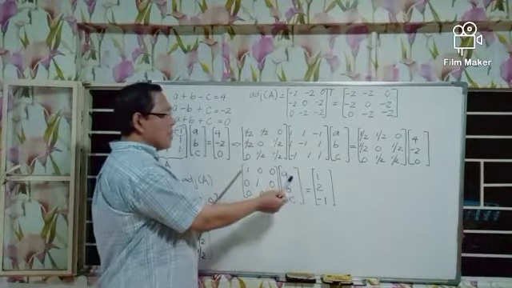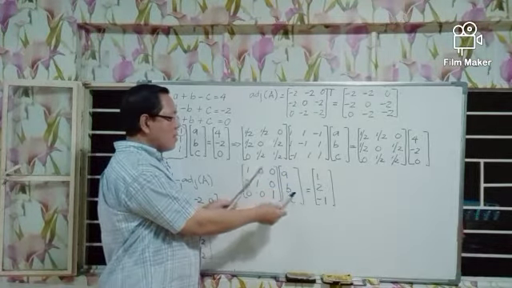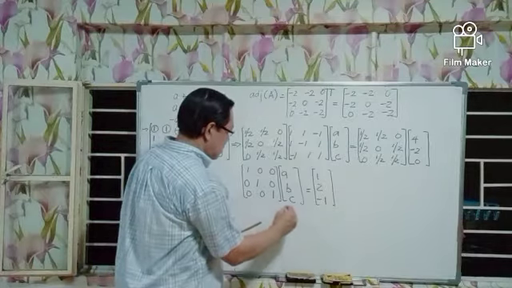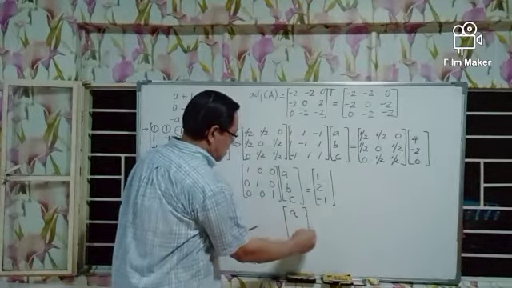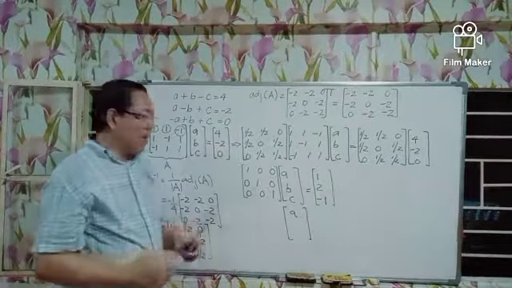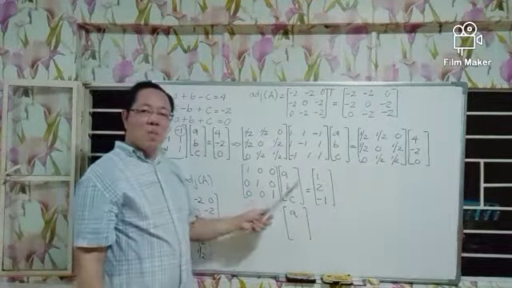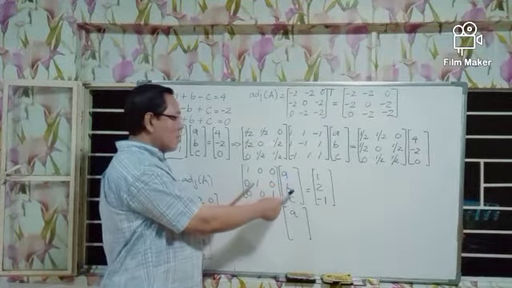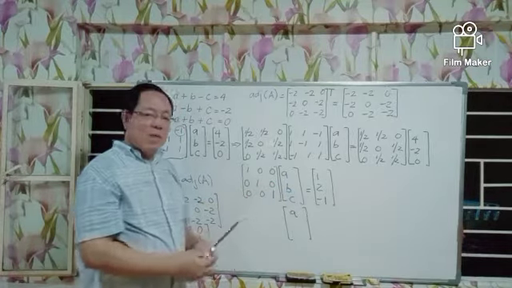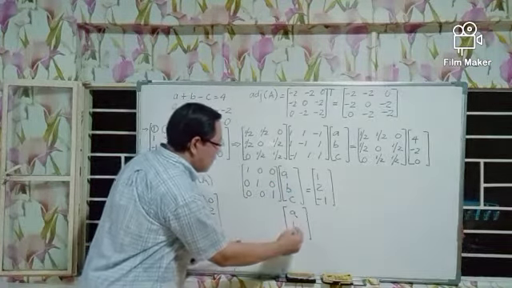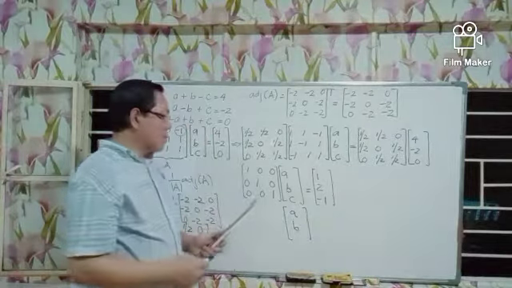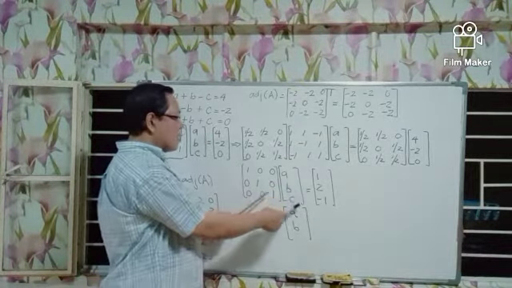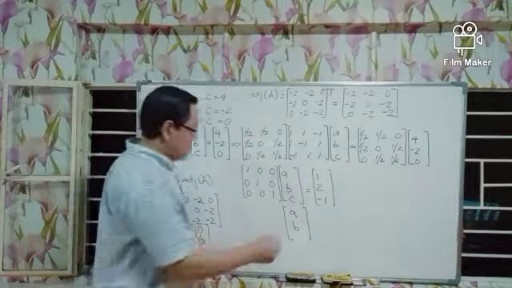We have 1 multiplied by A is A, plus 0 is A. Multiply the second row by the column vector. 0 multiplied by A is 0, plus 0 is B. And multiply the last row by the column vector. 0 plus C is C.